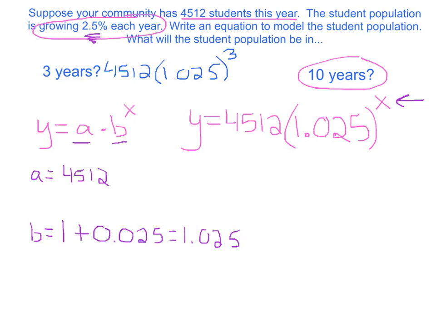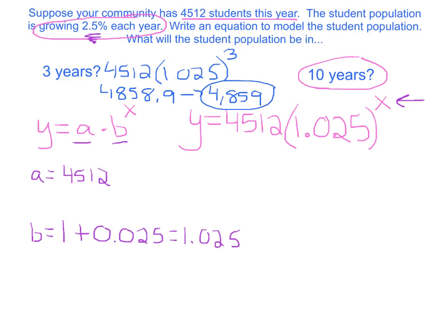Follow order of operations, and what do you get? You should get 4,858.9, but we're talking about people, so we'd want to round to the nearest person, which would be 4,859 students after 3 years.